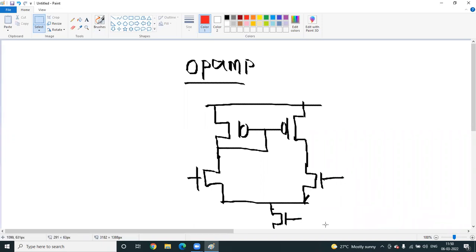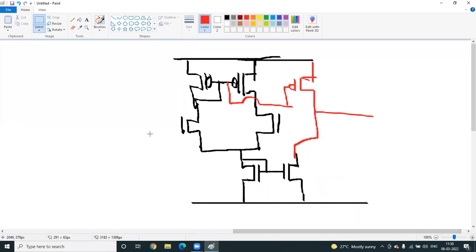How do I define single stage and double stage? Let's assume this is your input, V1, V2. This is the supply, VDD, VSS. This is your V out.